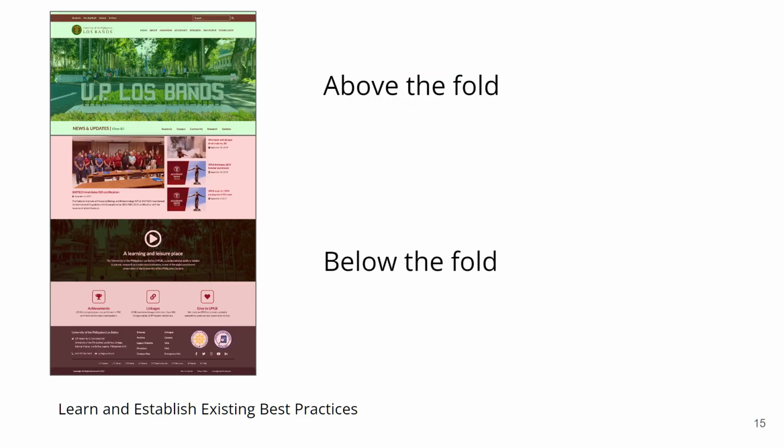So one way is determining on your design if it is above the fold or below the fold. What is meant by above the fold is, when you first load your website, whatever is the first thing that you see on your website is above the fold, and if you scroll down, that is below the fold.